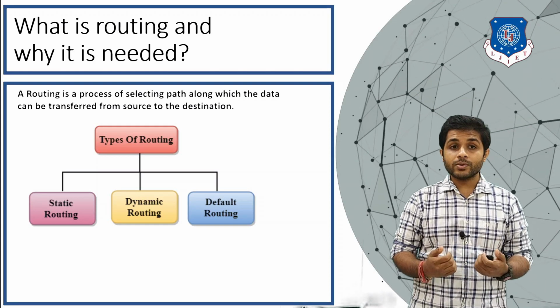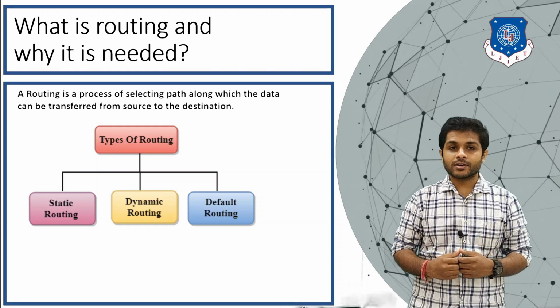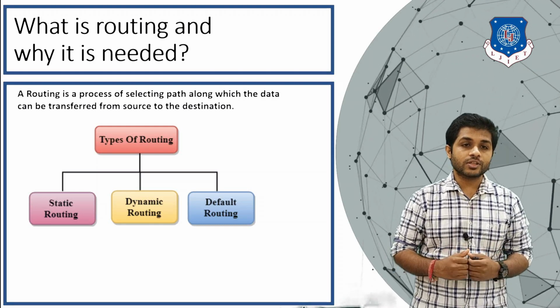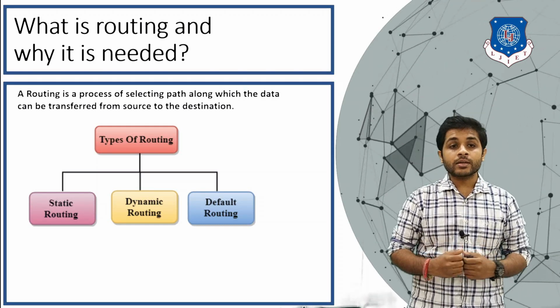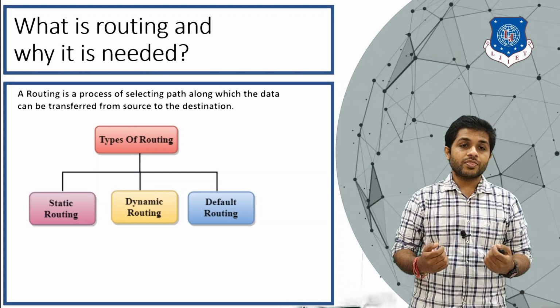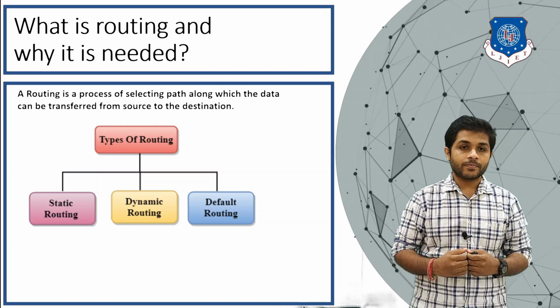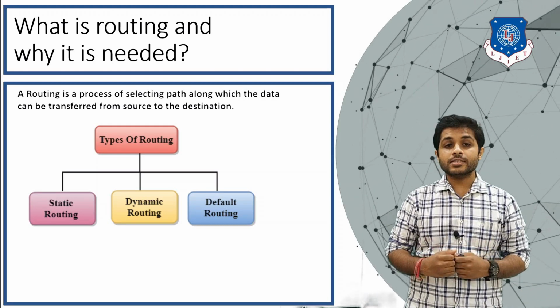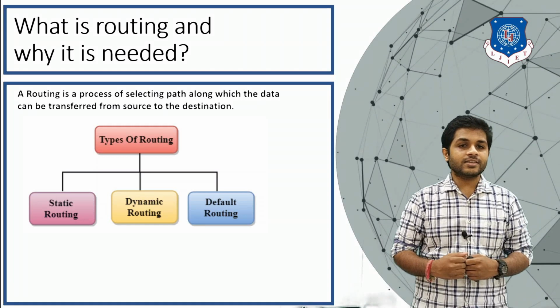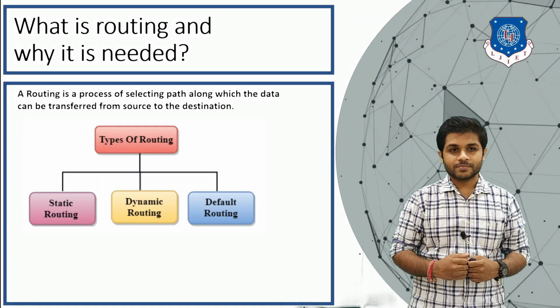In dynamic routing, all the routers are smart and share information with each other. So in dynamic routing, the entries in the routing table are changed by the routers themselves. And the last one is default routing, and in default routing the entries in the table cannot be changed.